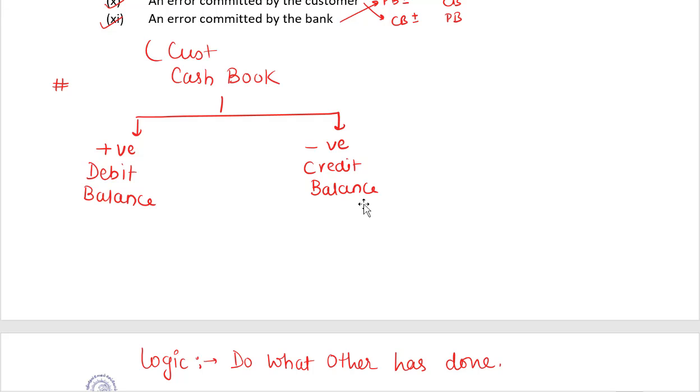The cash book is prepared by the customer, the bank column of the cash book. Positive balance means debit balance, and negative balance means credit balance.